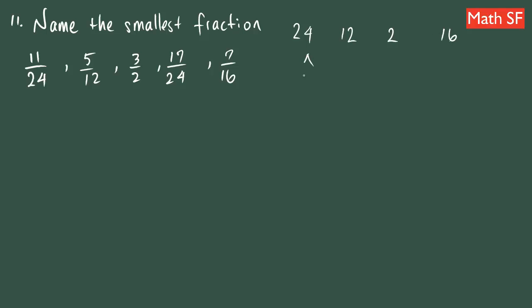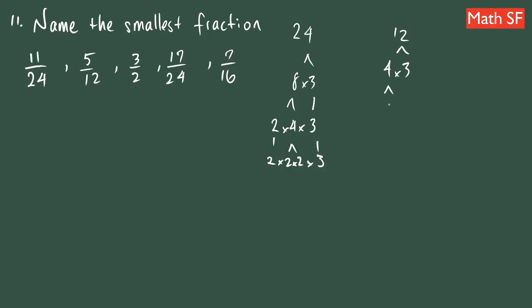So this 24 could be written as 8 times 3, and this could be 2 times 4, and this part here can be 2 times 2 times 2 times 3. Now the 12, I think I'm going to need a little bit more space here. 12 is going to be 4 times 3, and this 4 itself is 2 times 2, and bring this 3 down.